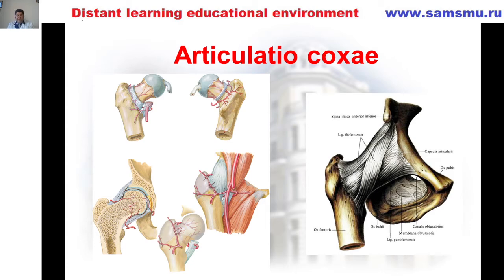The ligament of the head is covered by a synovial sheath rising over it from the floor of the acetabulum. It is an elastic padding which absorbs the shocks experienced by the joint and transmits the vessels to the femoral head. You may see it on this picture.